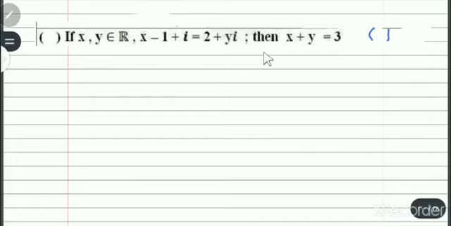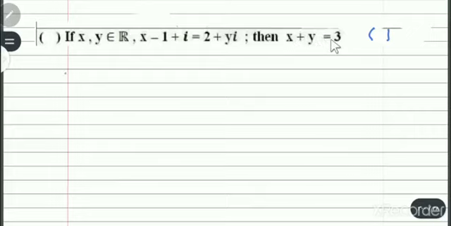First of all, he gives us this, x - 1 + i equals 2 + yi, and he wants us to find the value of x and the value of y, then add them to see if the result equals 3 or not.